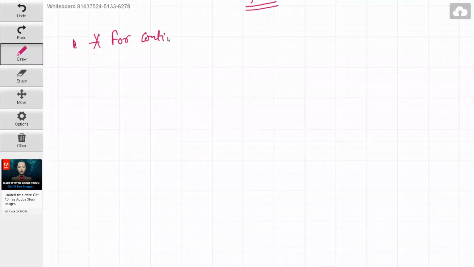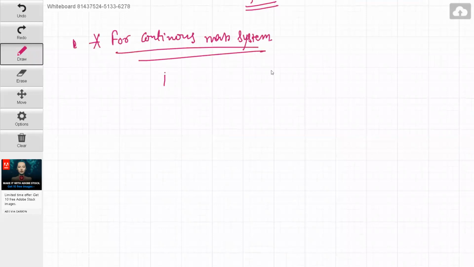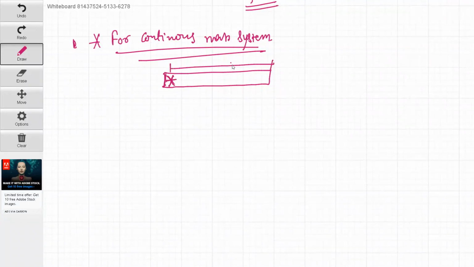For a continuous mass system, suppose there is a rod, this is the rod, hinged at this point, and the length of the rod is L. The total mass is M. We need to find the moment of inertia about this point.